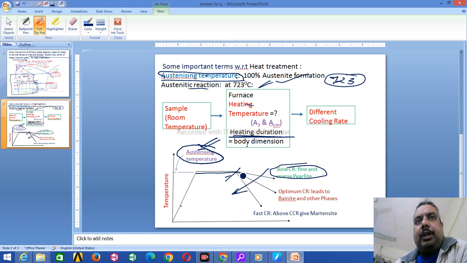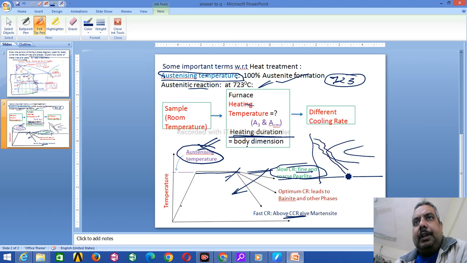In that also you can have two types of cooling rate, slow. Then here we get fine and coarse perlite. Afterwards, the cooling rate may be far faster than the critical cooling rate. The critical cooling rate is decided by the nose of the TTT curve. If we draw the TTT curve, this is the nose of the TTT curve. This line is the critical cooling rate, which is tangential to the nose.